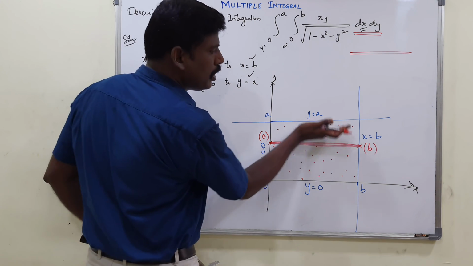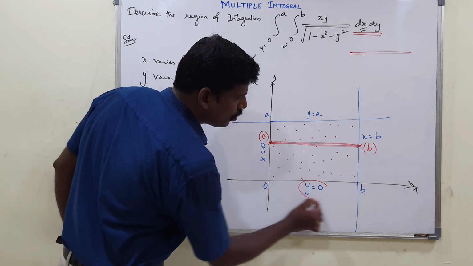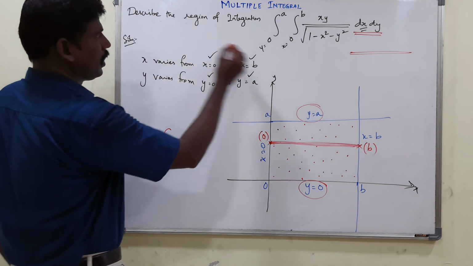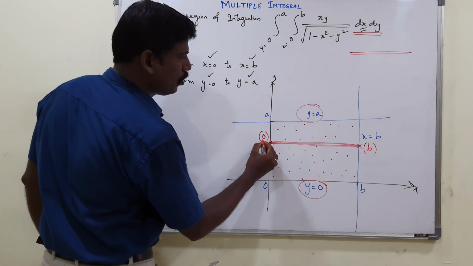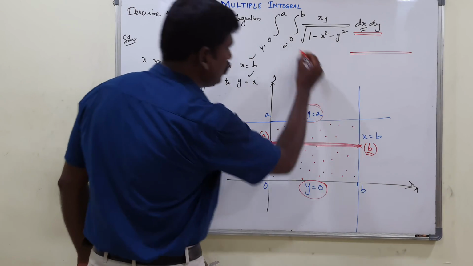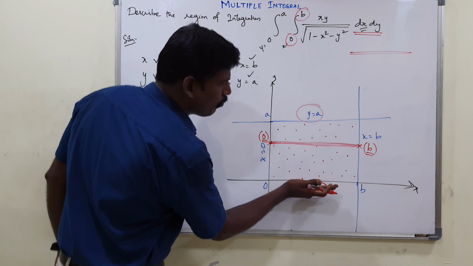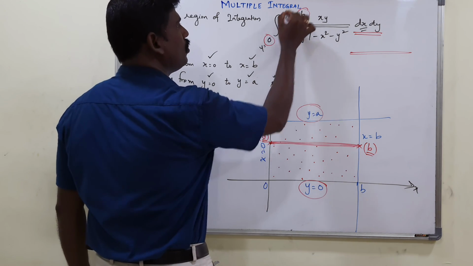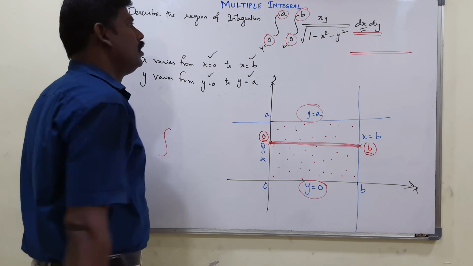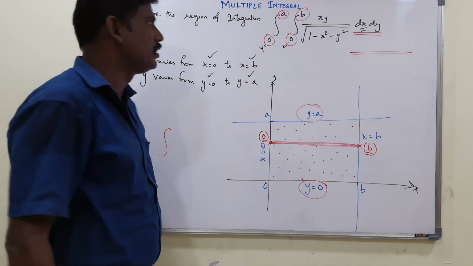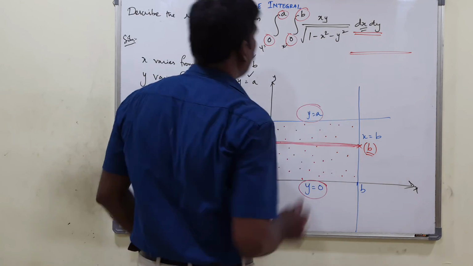We can move this strip from y equal to 0 to y equal to a. So x limit is from 0 to b, and y from 0 to a. That is the region of integration, and the limits are marked in the given integral.